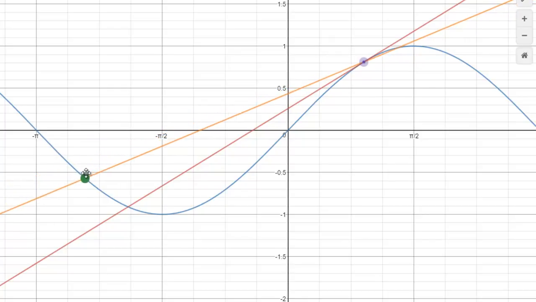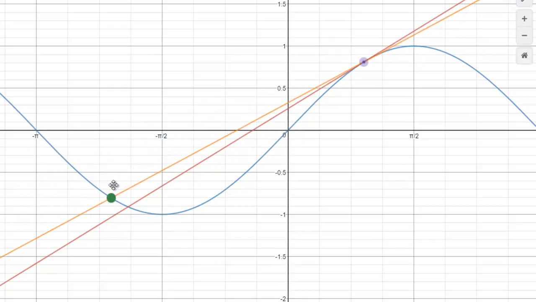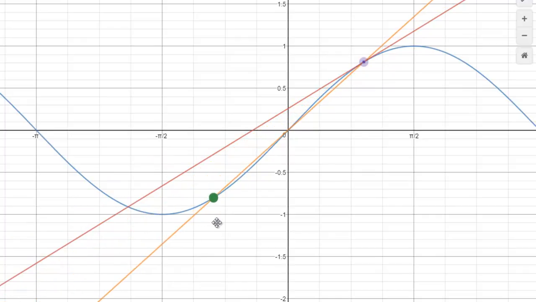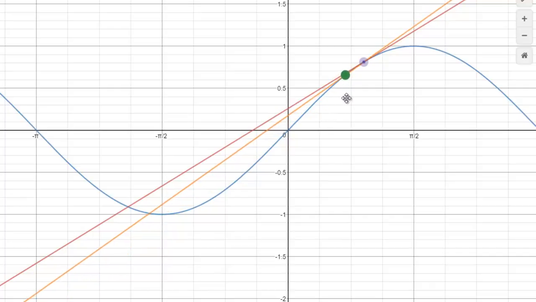But watch what happens as I get closer and closer. What would you say about the slopes of the orange and the red line as I get closer and closer to the purple point with the green point? See how the orange line and the red line are getting closer and closer, looking alike?